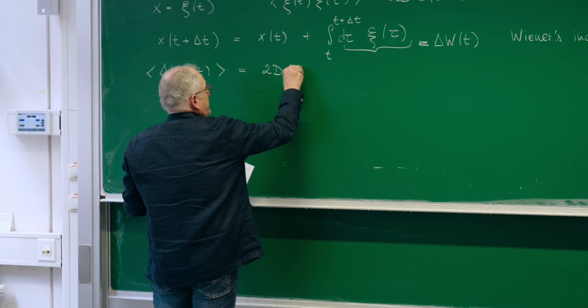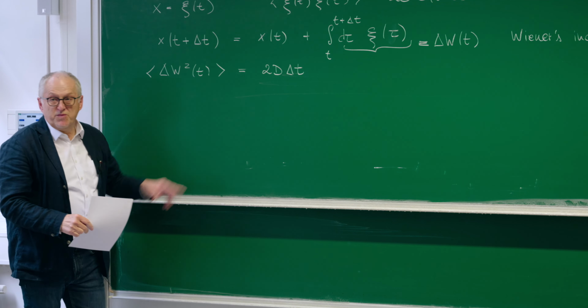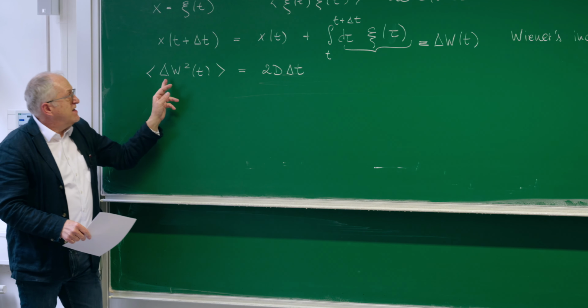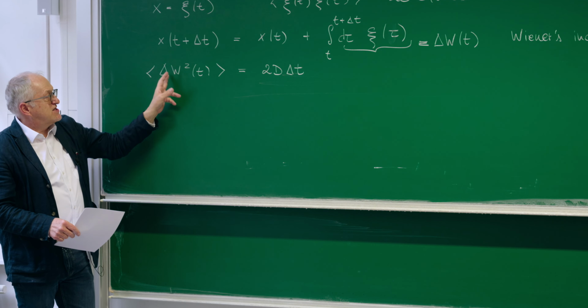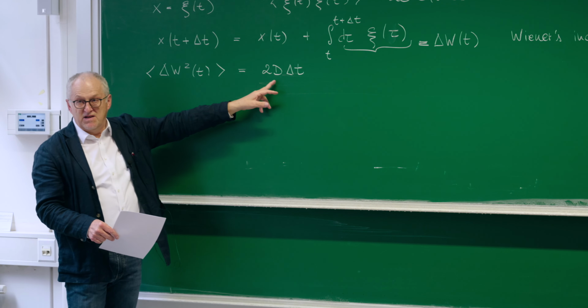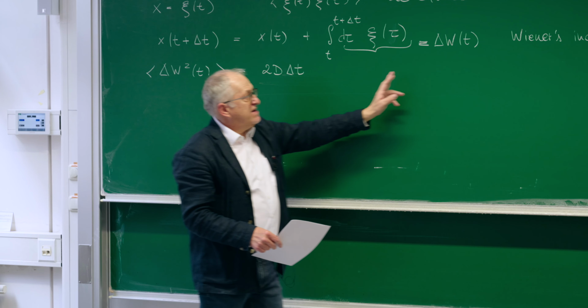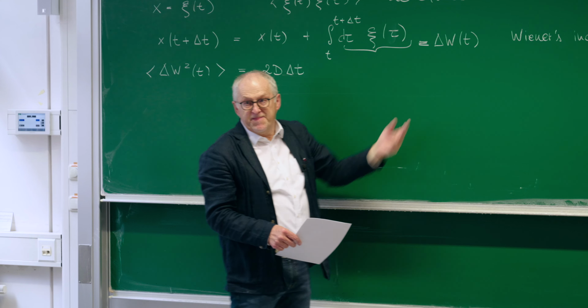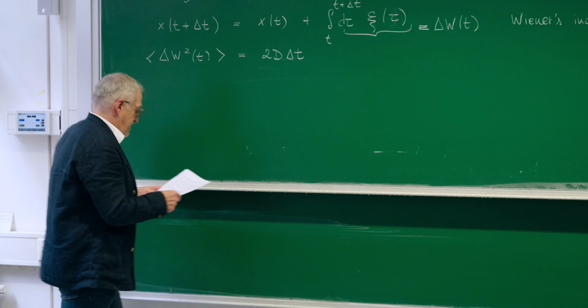It has no delta functions anymore, but it is proportional to delta t. And here you see the dilemma, right? The delta w squared average is delta t. So that means you expect that the delta w scales as square root of delta t.